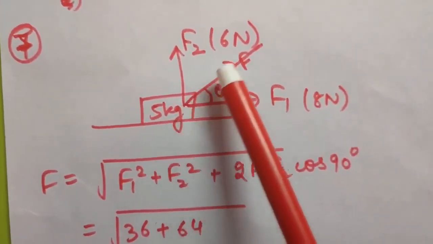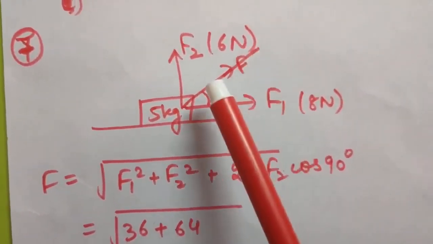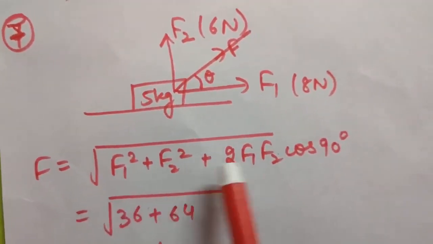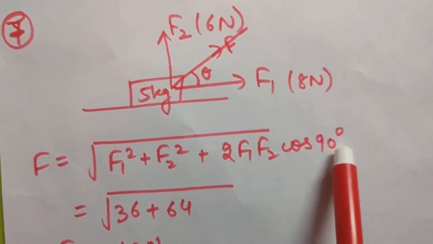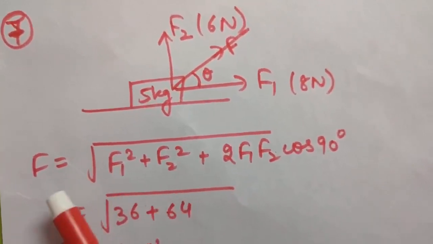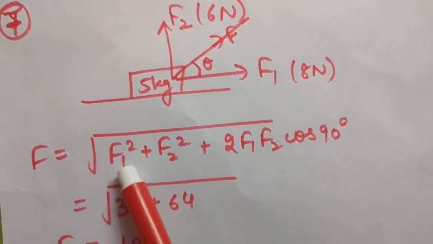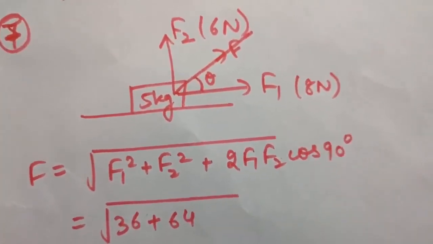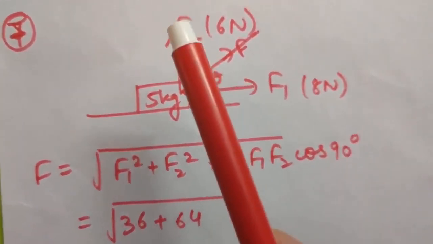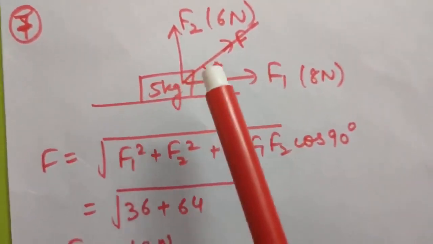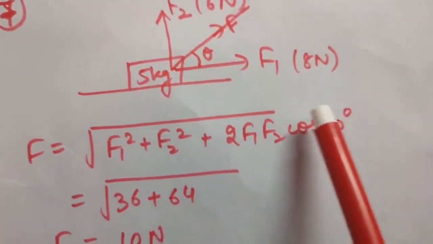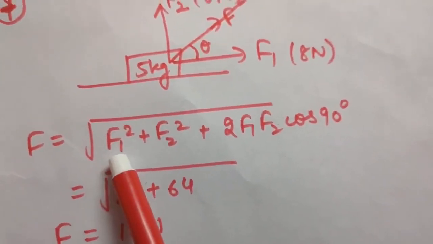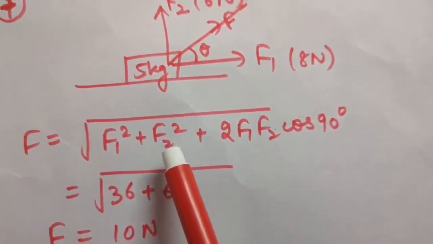See, let us suppose this is the resultant force F. So now the formula is under root of a square plus b square plus 2ab cos of the angle between F1 and F2. So net force F will be under root of F1 square plus F2 square plus 2 F1 F2 cos 90, because the angle between F1 and F2 is 90 degrees. Because cos 90 is 0, this term will become 0. So you will be left with only under root of F1 square plus F2 square.